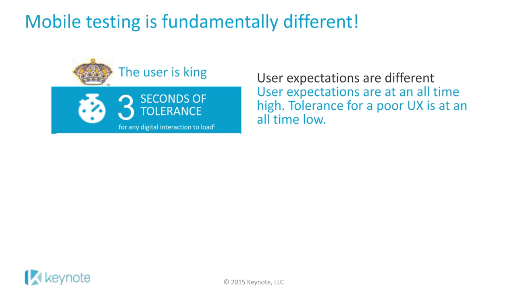These users today were not around during the beginning of the internet time and have only been using mobile devices. Now we see generally a 3-second tolerance. Keynote may argue that it's really 2 seconds of tolerance on mobile devices. The tolerance is at an all-time low and the expectations are of course at an all-time high.